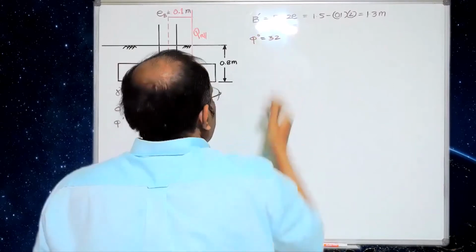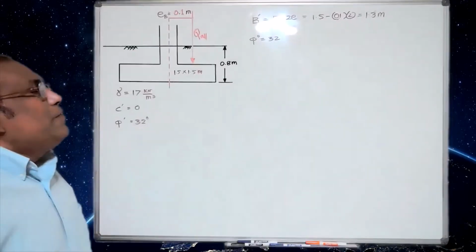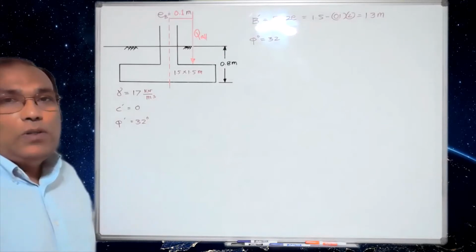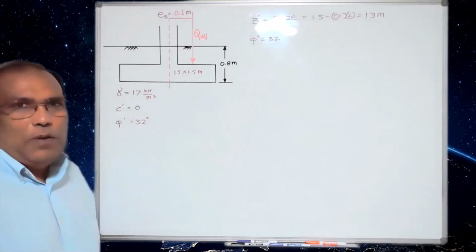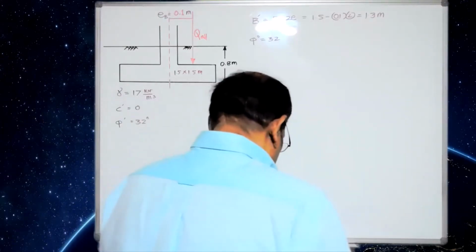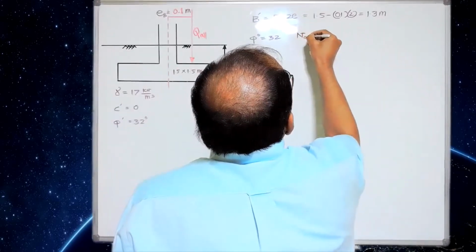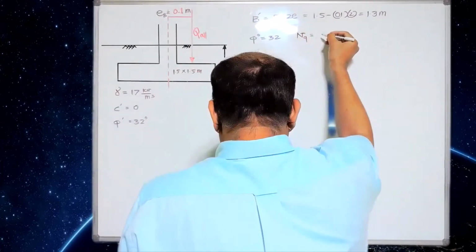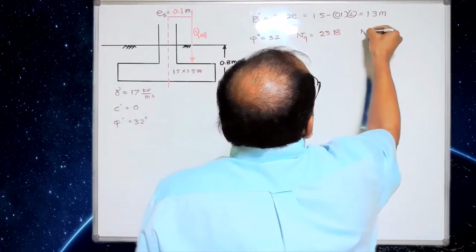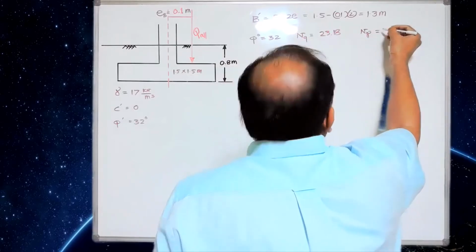Since our phi is 32, your Nc, Nq, and N gamma, the bearing capacity factors, you can just get from the table, as I showed in the previous problem. So for 32 degrees, your Nq is 23.18 and N gamma is 30.22.